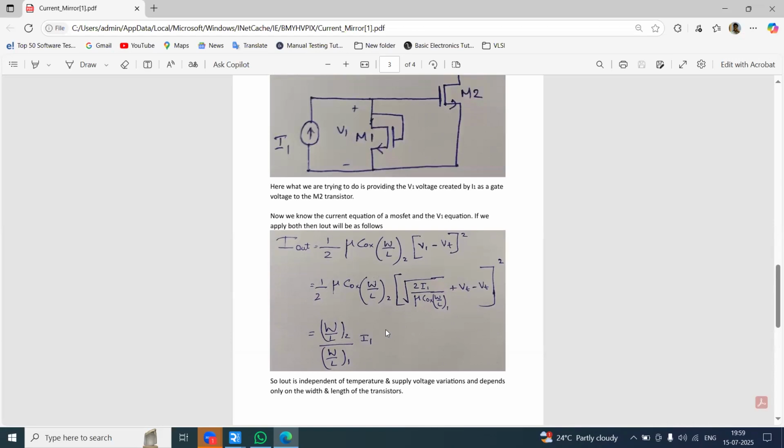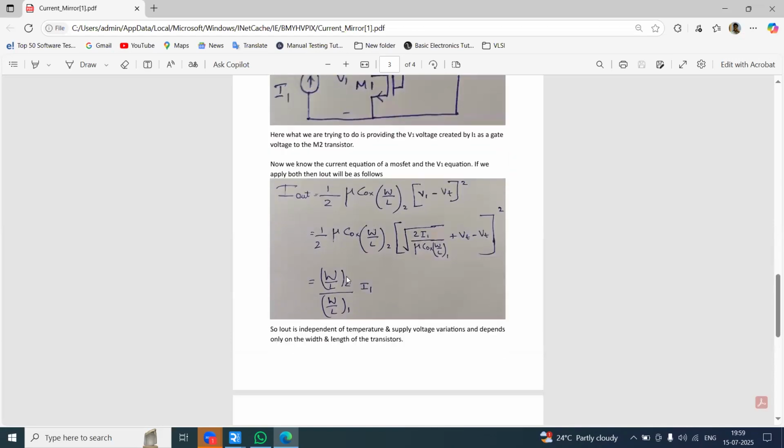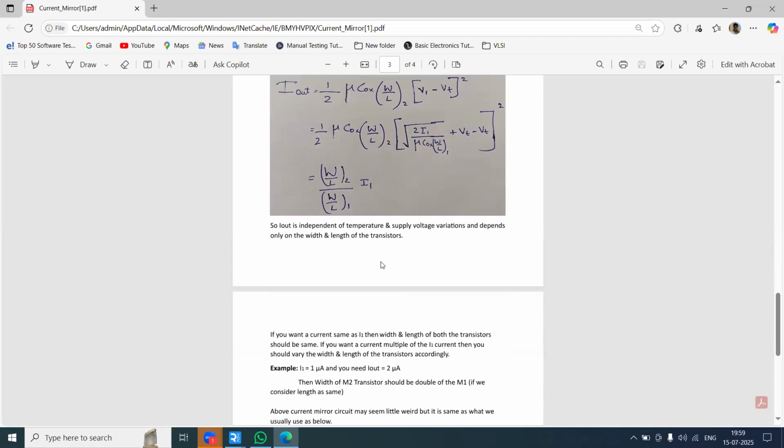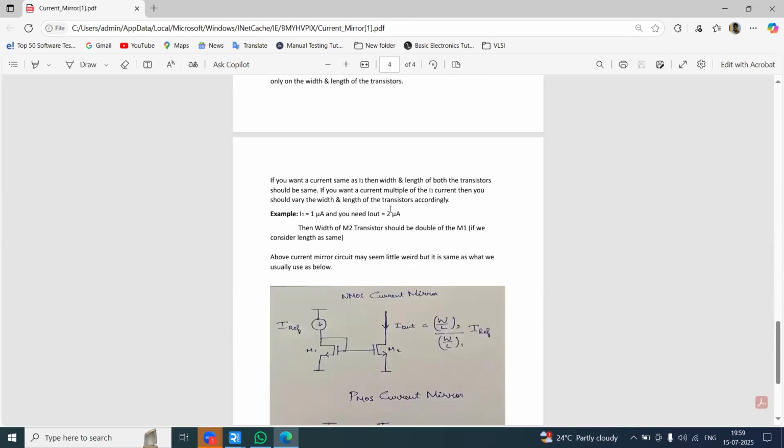Whatever current we apply, based on the width and length of the device, the current gets multiplied. Okay, this is the current mirror multiplication application.